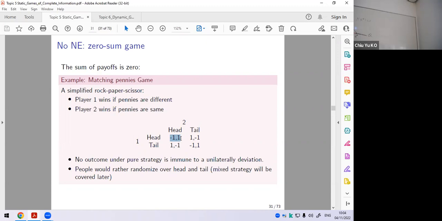This means everything, right? No one knows. This is rock here, scissors here, paper here. So usually we just randomize, right? You don't let the other people know what you're doing. And later we will try to argue what you mean by you don't let other people know what you're doing. That is called mixed strategy.